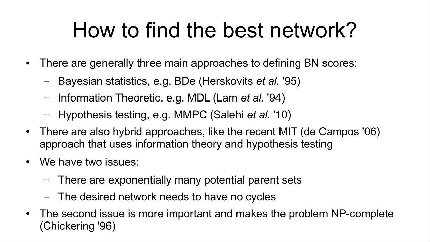There are two problems with finding those networks. One is that there are a lot of potential parent sets, but an even more difficult one is that we need to make sure that there are no cycles in the result. In order to deal with that, I would like to focus on cases where this is actually not an issue.